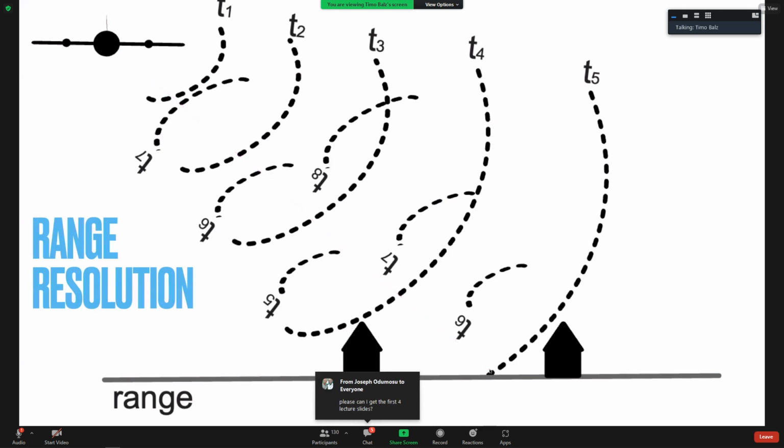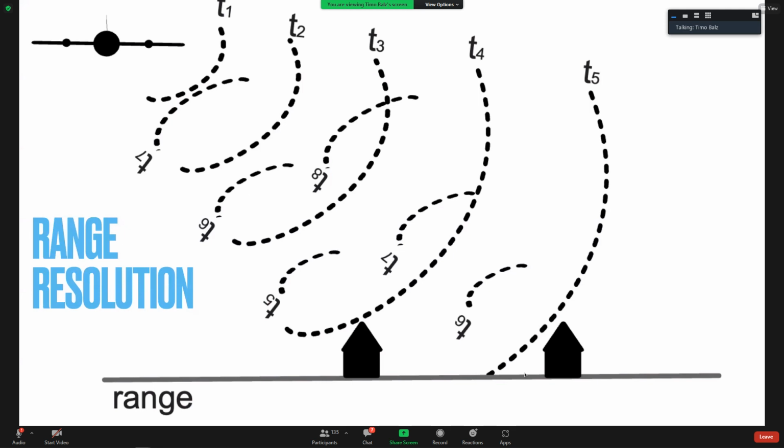That is the direction where we measure the range, where we measure distances. This direction is also called the slant range direction because it's slant, not straight, with respect to the ground. So this is the range direction, which is the direction in which the radar signal is traveling.